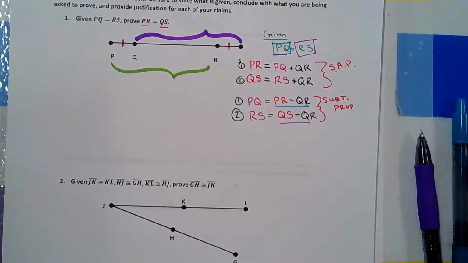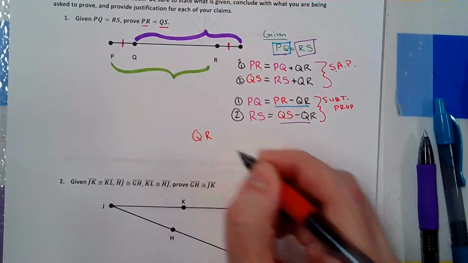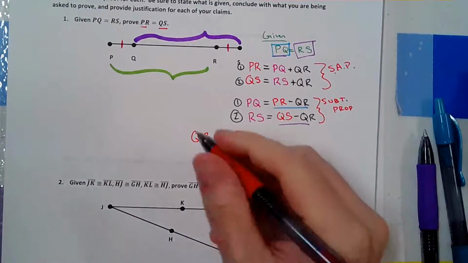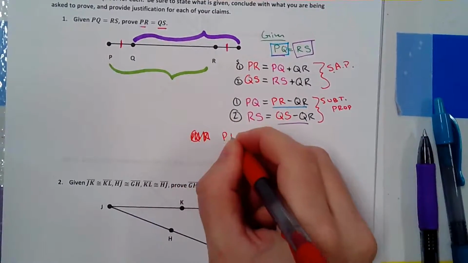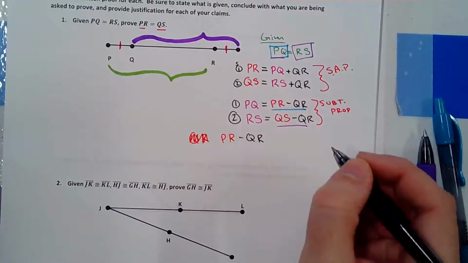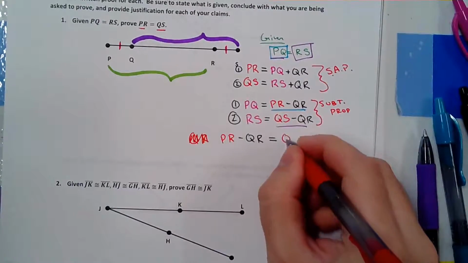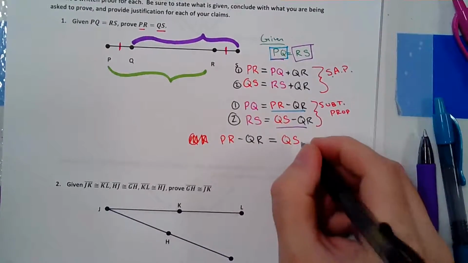So I'm going to do that. So I've got PR minus QR equals QS minus QR.